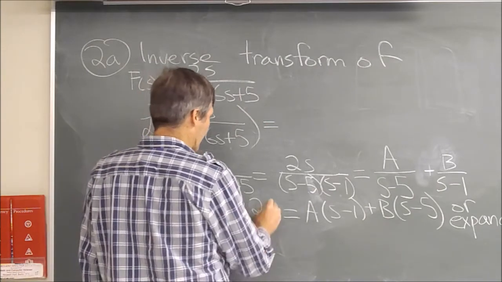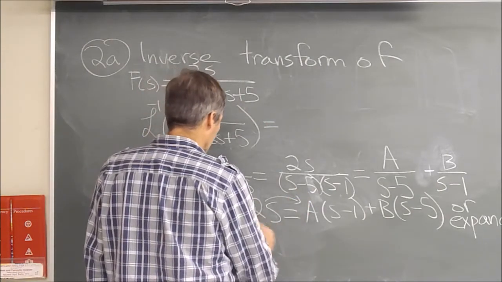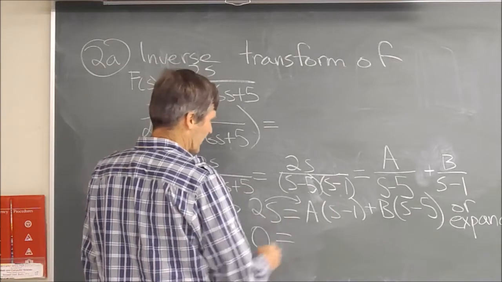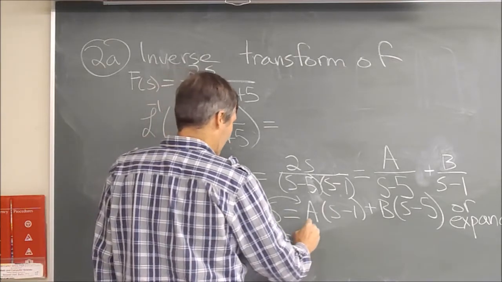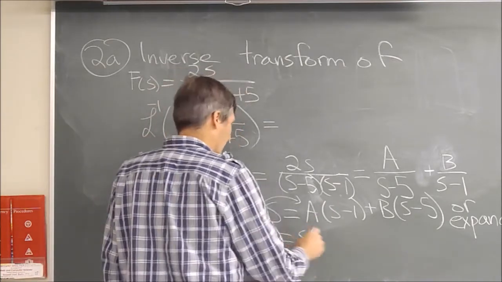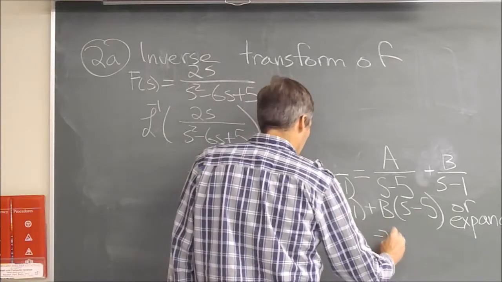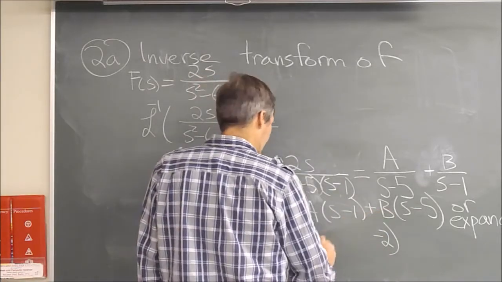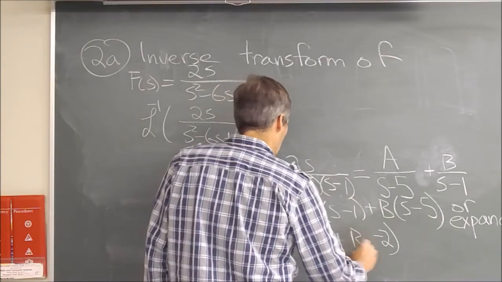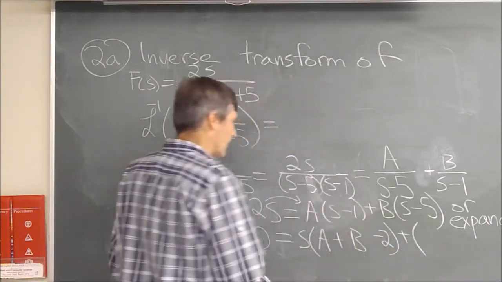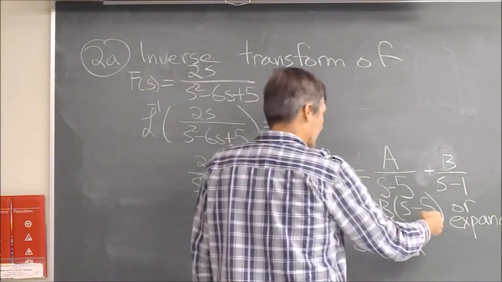Now suppose I carry this over to the right hand side and group like terms. Subtracting 2s from each side, I have 0 on the left, and s multiplies the minus 2 that I brought over, and also a plus A plus B. Then there are constant terms, minus A minus 5B.